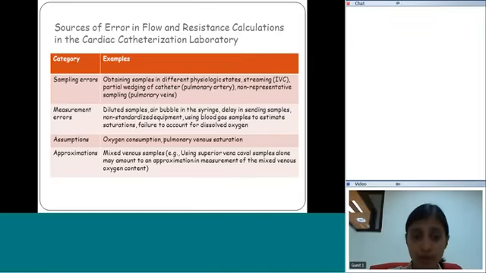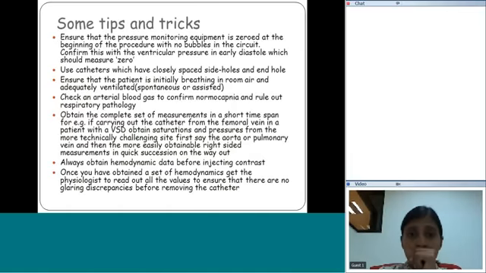Now, we've already gone through lots of this stuff, but let's just quickly run through it. We talked about pressure monitoring, no bubbles in the circuit, confirming your zero. In terms of the catheter choice, usually there is a recommendation to use an end-hole catheter so you can wedge it and so on.